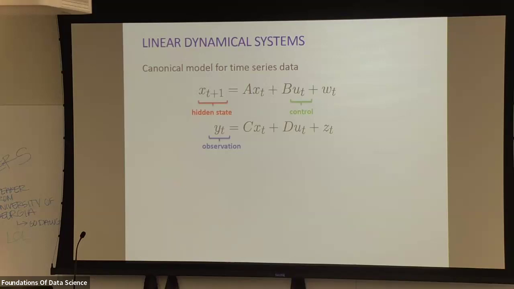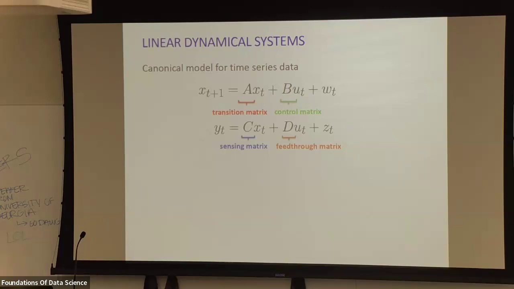These two equations, I want to take a few minutes to make sure that we all understand them. All of the terms in this equation, the matrices, have a special role and in some cases a special name. The most important of these matrices is the A matrix, that's called the transition matrix. This describes how the system would evolve on its own in the absence of control. And spectral properties of this matrix are going to play a key role in the long-term behavior of the system.